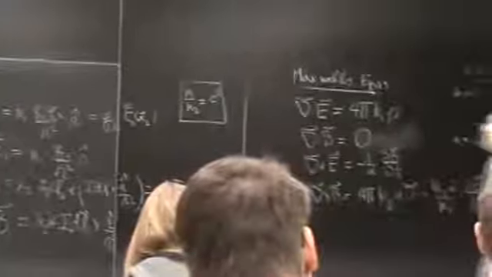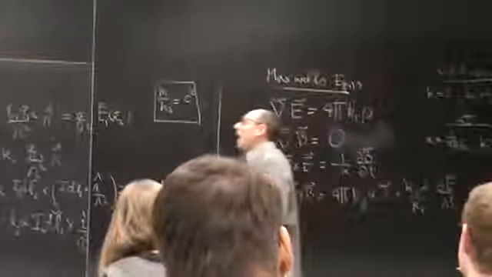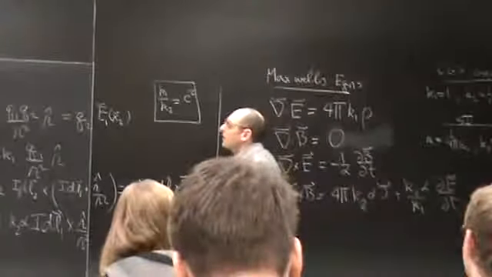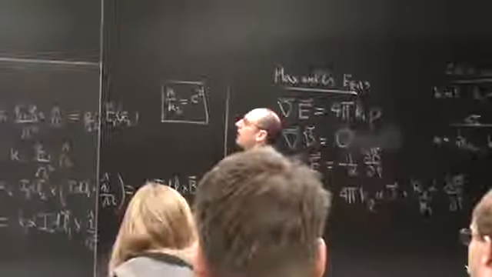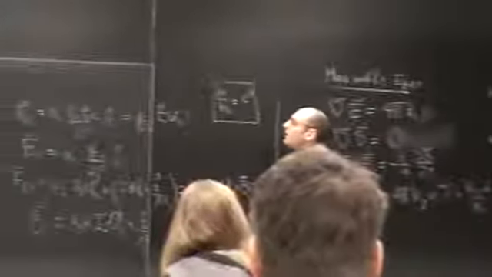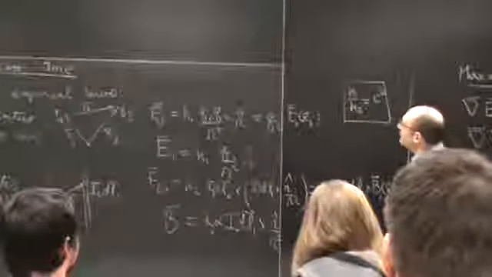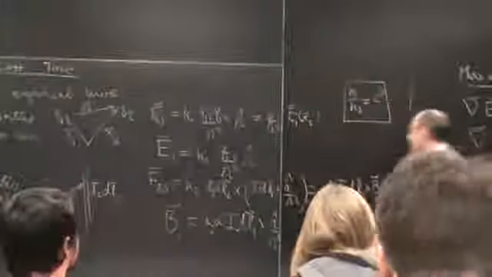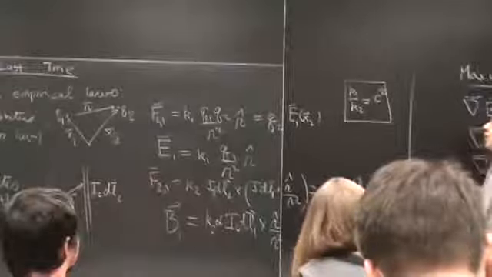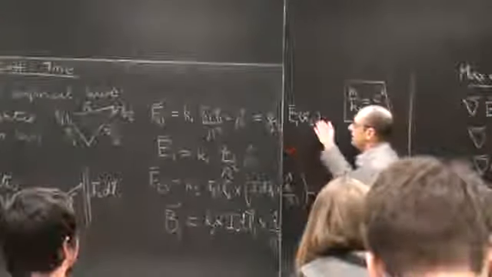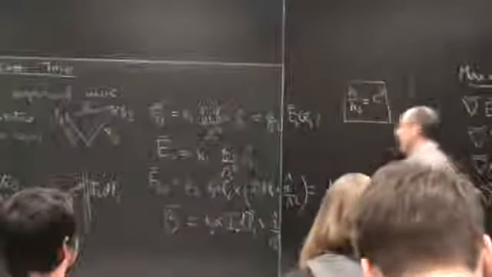And as we discussed, these forces can be reinterpreted as the local action of a field on a charge or a current. And so we get definitions of electric field and magnetic field.